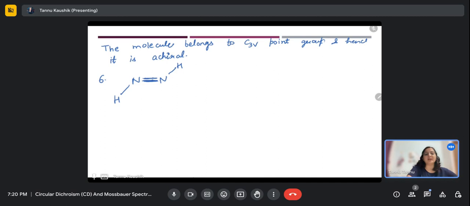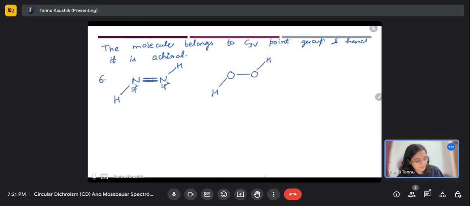So you might be thinking that this molecule is similar to S2O2, but here we have these nitrogen atoms that are sp2 hybridized. So these two hydrogen atoms were out of plane, but these hydrogen atoms are on the molecular plane.